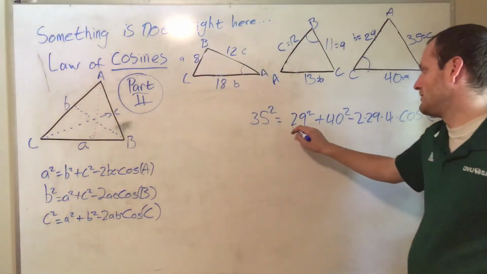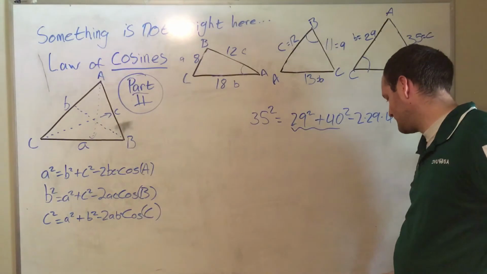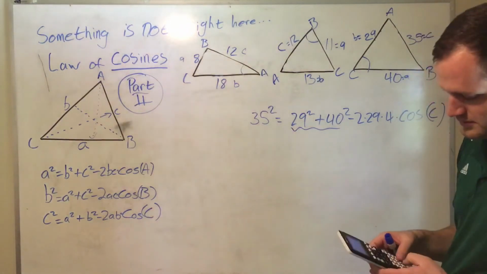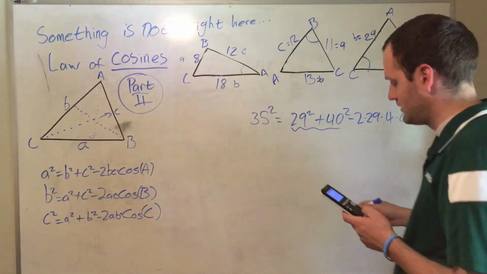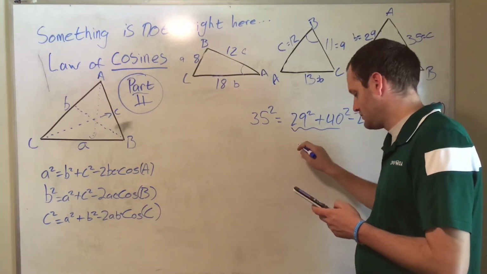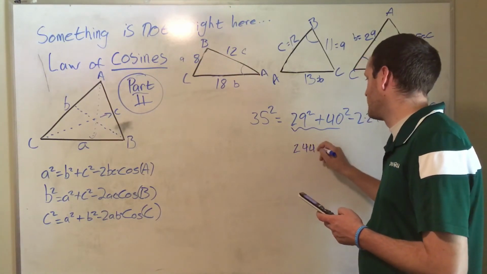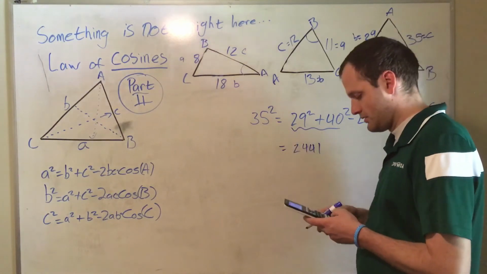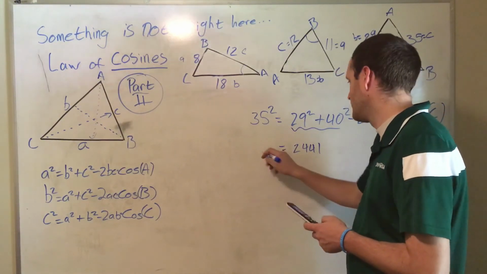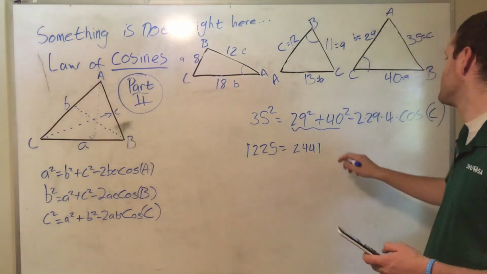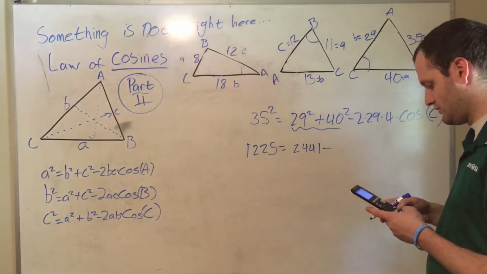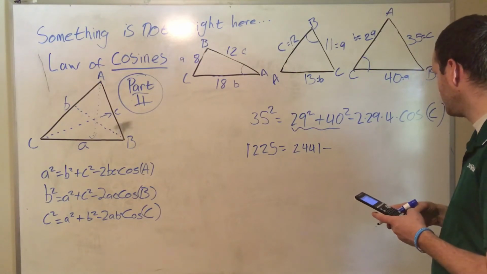At this point, if you did it by hand, you should have added those together. 29 squared plus 40 squared gives me 2,441. 35 squared, that's 1,225, minus 2 times 29 times 40.